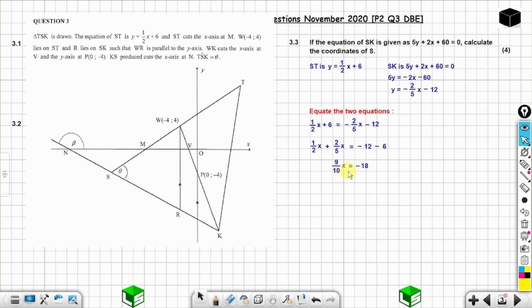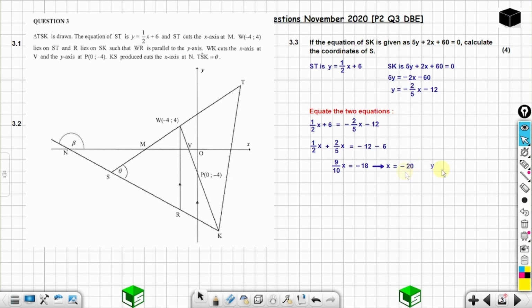Now you are going to multiply by 10/9 on both sides so that you can solve for x. When you multiply by 10/9, you are going to have x is equal to -20.